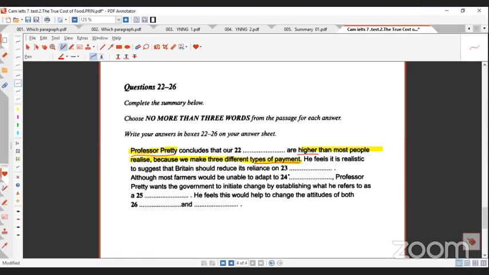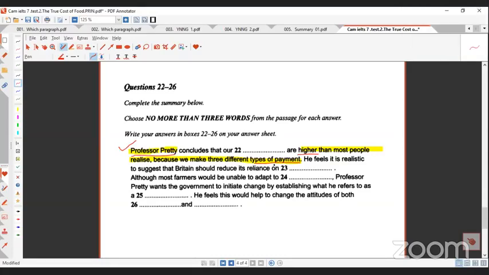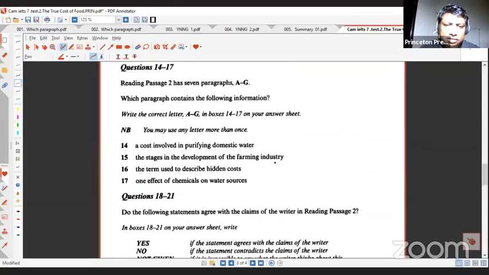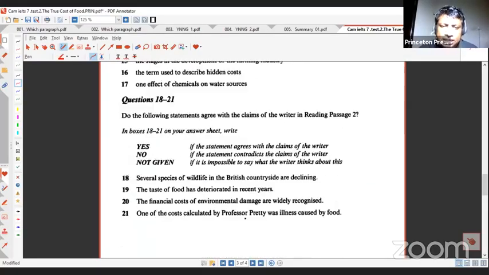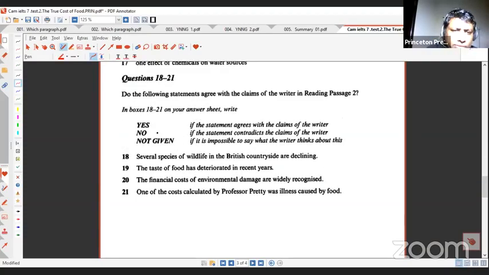If we find that, we know that probably these will be in order. So if we can find this one, we know that it starts from there. It helps us get some idea that I'm looking for Professor Pretty, and they're talking about a type of payments, and one is higher. Okay, something like that. What about the next one?